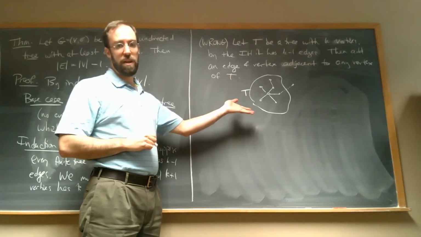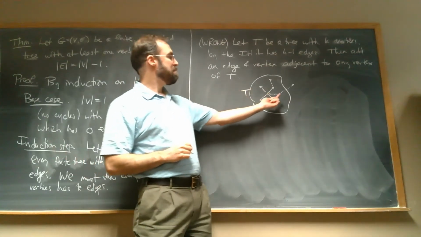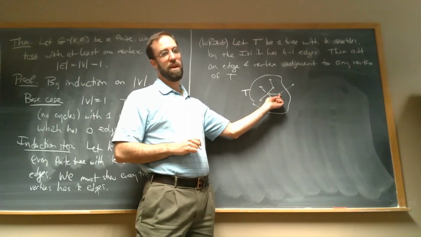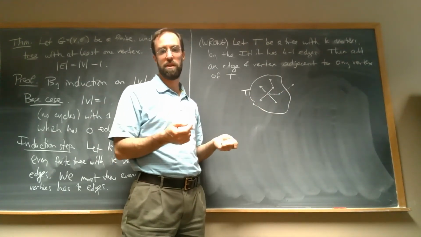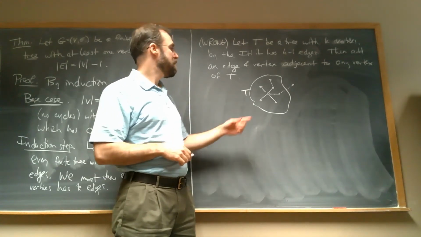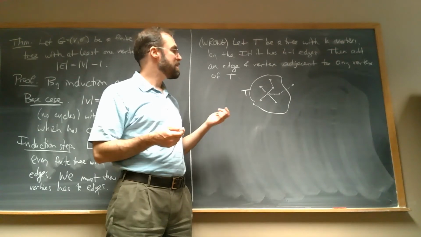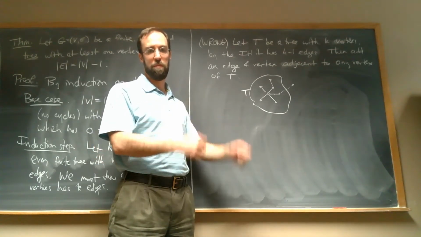It's still connected because I added it adjacent to an existing vertex. And it has no cycles because adding a new edge and a new vertex can't make any cycles if there weren't any cycles before. So the new thing is still a tree, and it has k plus 1 vertices and k edges because we added one of each.